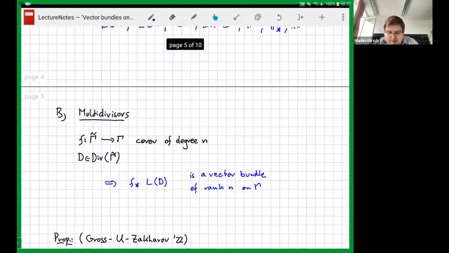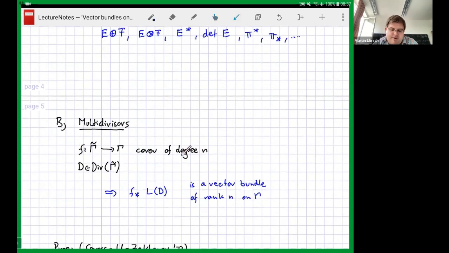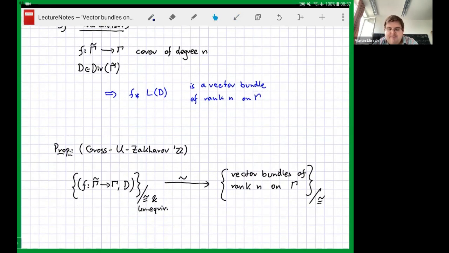Okay, and the central proposition is now that this construction could have worked in algebraic geometry or the classical world, Riemann surfaces and so on, as well. But the central point is that on a metric graph, these are all the vector bundles, meaning that vector bundles of rank n on gamma up to isomorphism are the same thing as tuples consisting of a degree n cover and a divisor on the covering curve gamma tilde, up to linear equivalence of D and up to isomorphism of the cover.